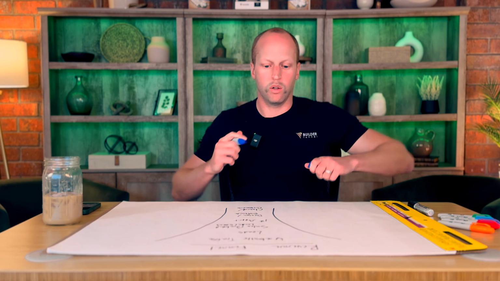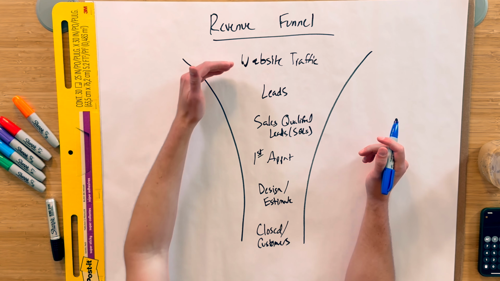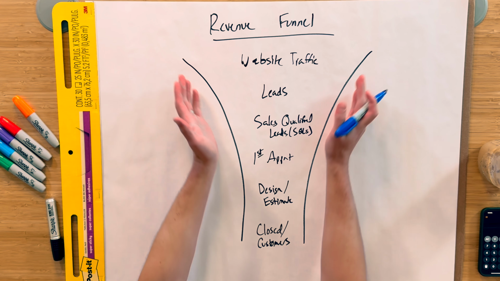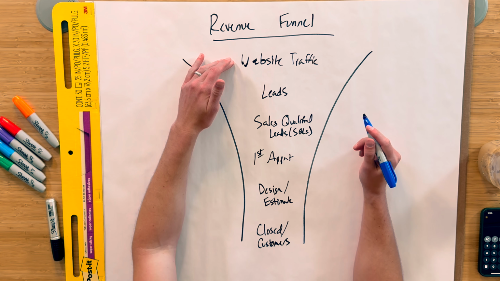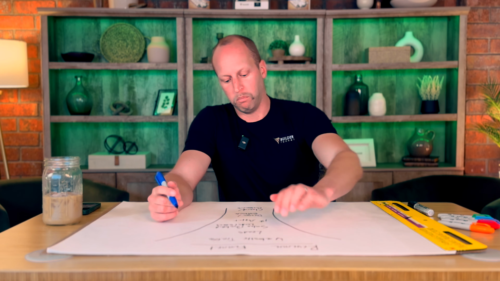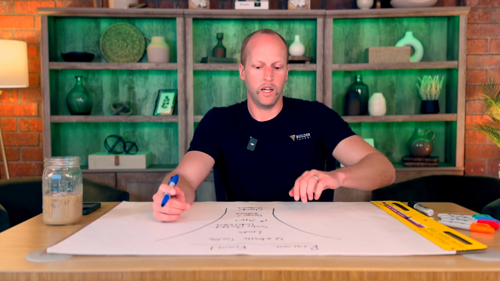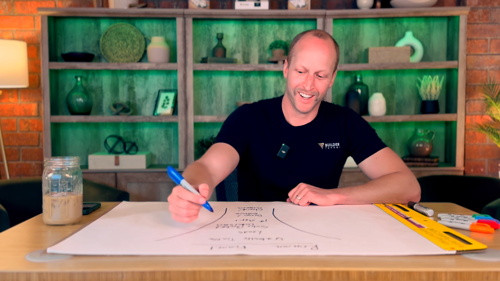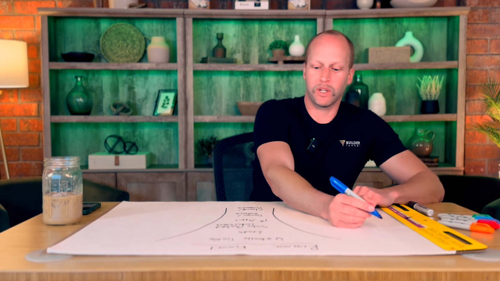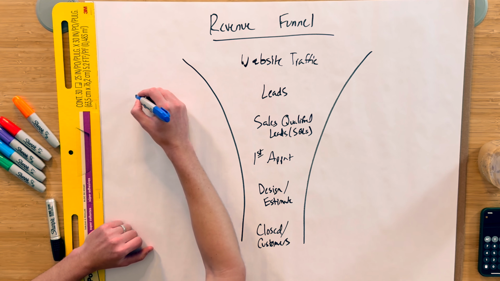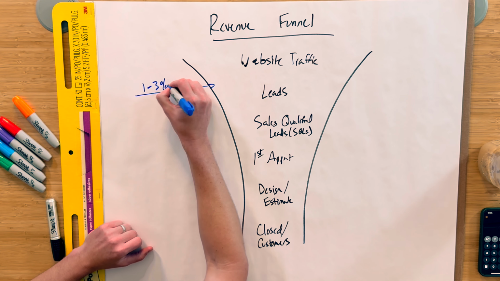Okay, so let's look at some benchmarks and what to expect. And so at each stage here, we have a conversion, and that's why this goes more narrow, because if you have 1,000 people visit your website, the most you could get out here would be 1,000 if you just had 100% conversion all the way through. That's not what happens. So we have a big drop off right from traffic to leads, but your typical conversion rate here is going to be your 1 to 3%.